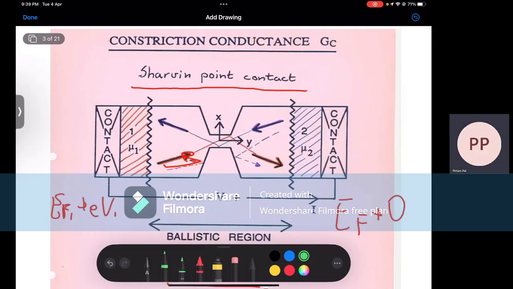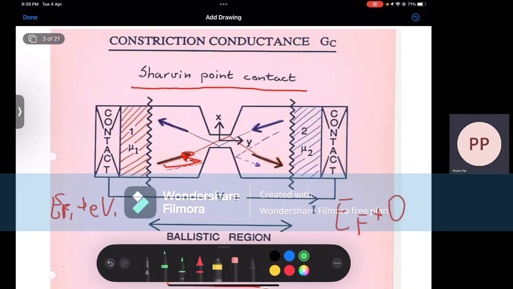So if we want to transfer charge through a constriction, here is another example of a point contact, which is not necessarily quantum, called Sharvin point contacts, after a physicist who studied it.